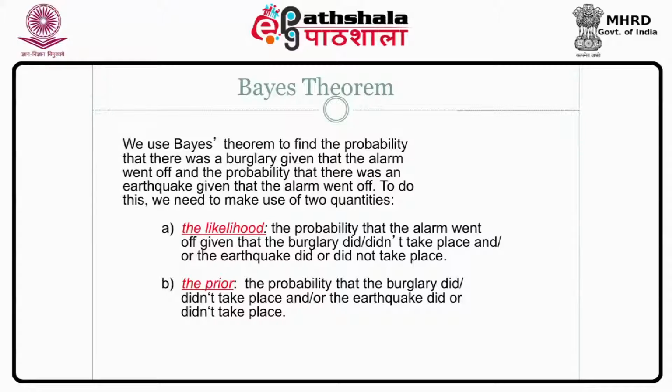We have the data for that. So the likelihood is the probability that the alarm went off given that burglary did or didn't take place, and the earthquake did or didn't take place. The prior is the probability that the burglary didn't take place or the earthquake didn't take place.